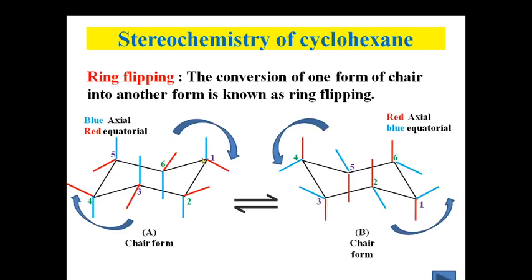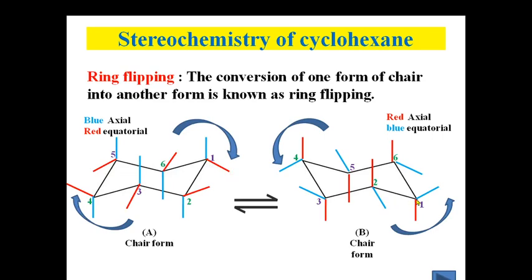Here it is. See the carbon number 1. See the direction of this axial bond, it is upward. See the carbon number 1, blue bond, direction is still upward. See the equatorial bond, direction is downward.